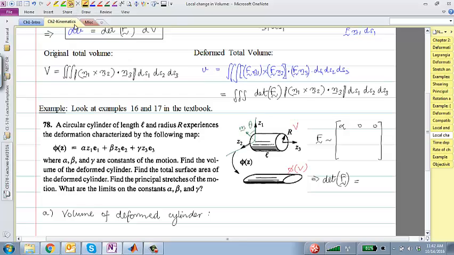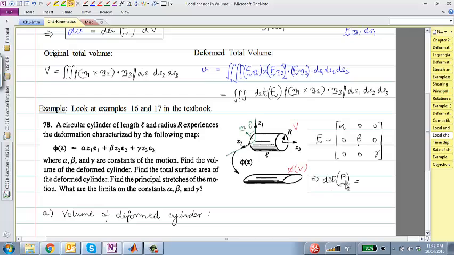For x2, the derivative with respect to z1 is 0, beta, and 0, and finally 0, 0, gamma. Right? The F tensor field is just given by this constant tensor. So it's the same tensor everywhere in the body.